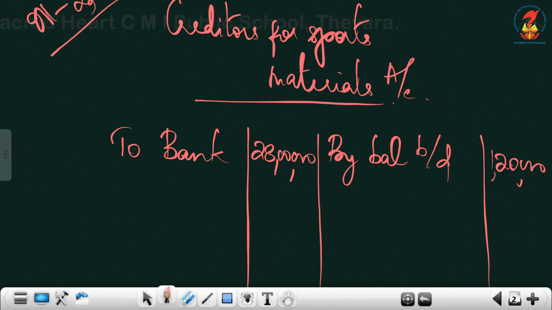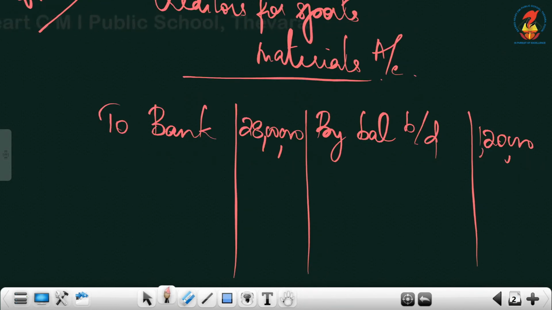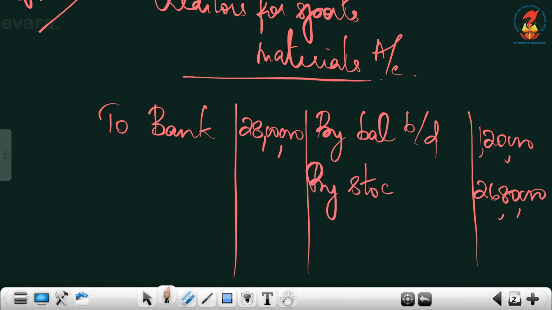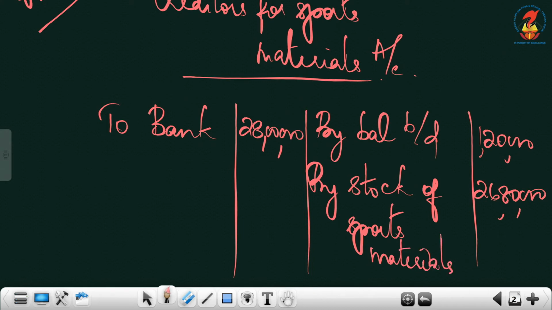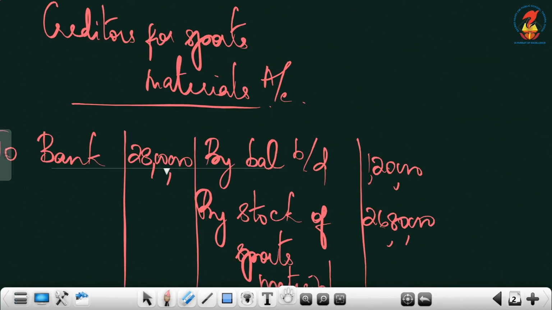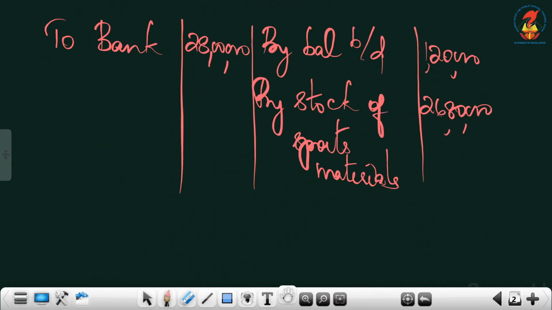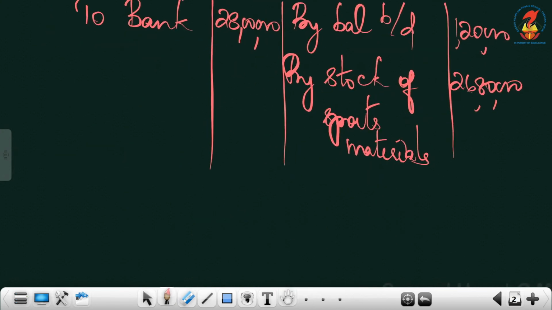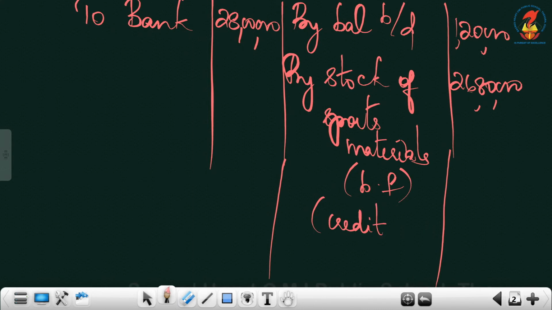That is 26,80,000, which will be written as by stock of sports materials. By stock of sports materials, this is the balancing figure, this is the value of credit purchases.